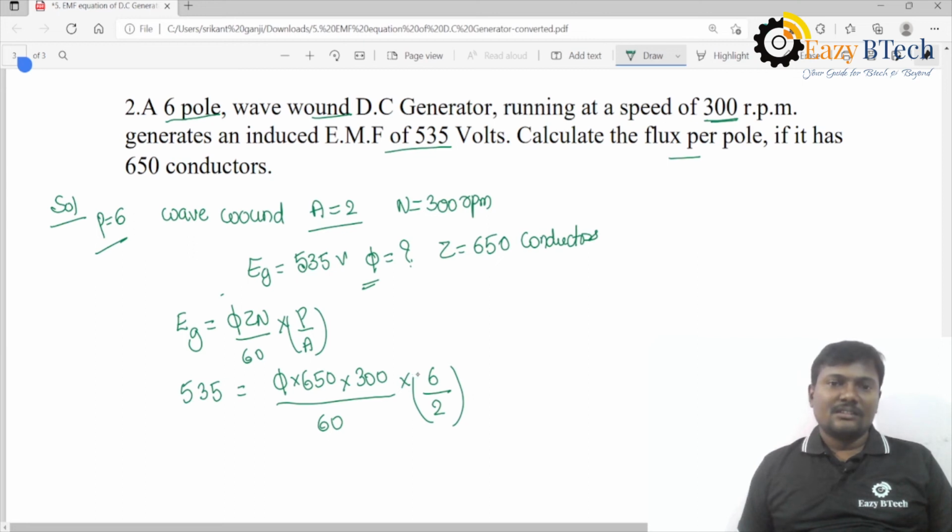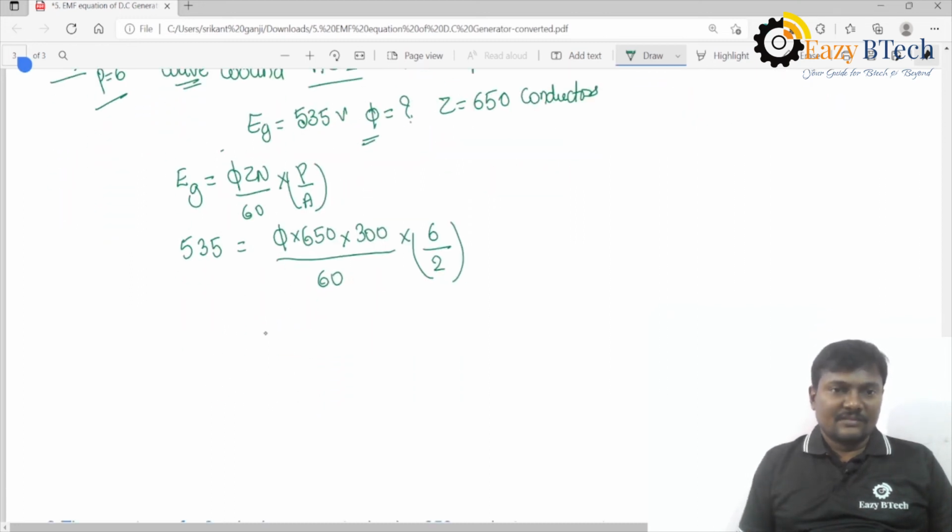This step is very important. Most of the students commit a mistake. Instead of substituting 2, they may substitute 6 by 6.